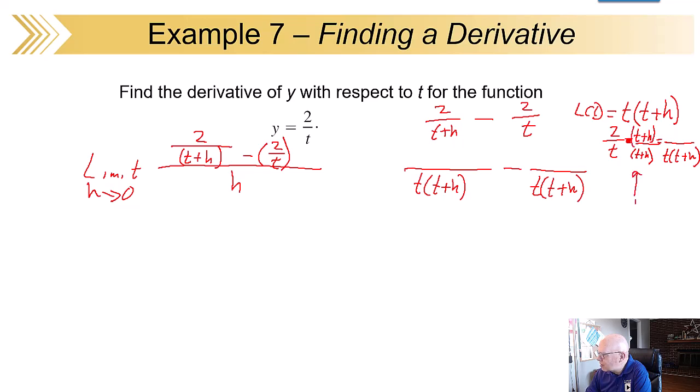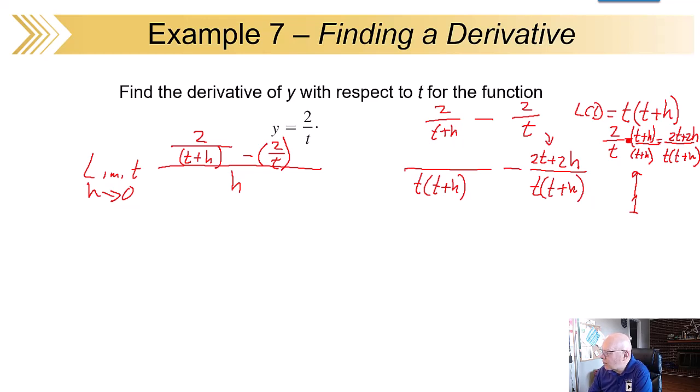This is just the number 1. So if I multiply 2 over t by 1, I still have the same thing, but it'll look different. So what do I have now? 2 over t times t plus h over t plus h is 2t plus 2h. All right, so I can change this to 2t plus 2h. Now this has the common denominator.